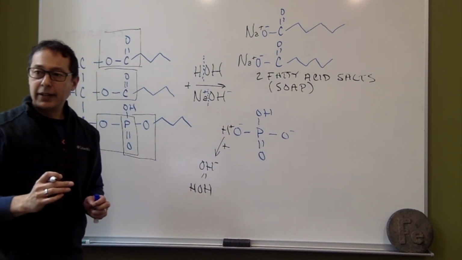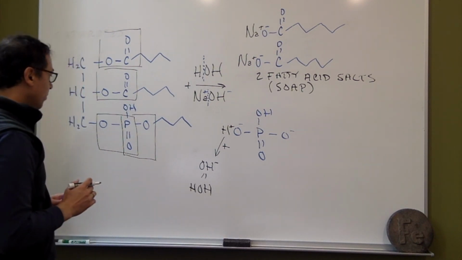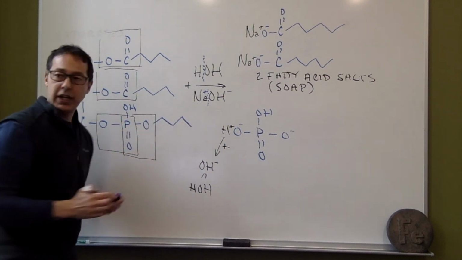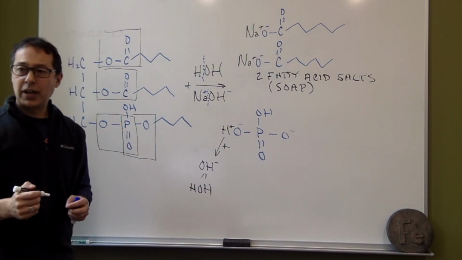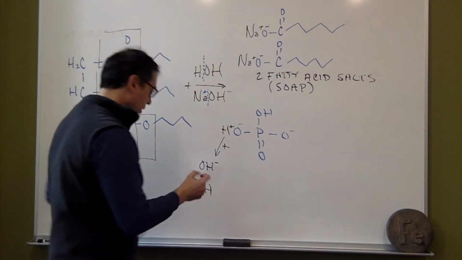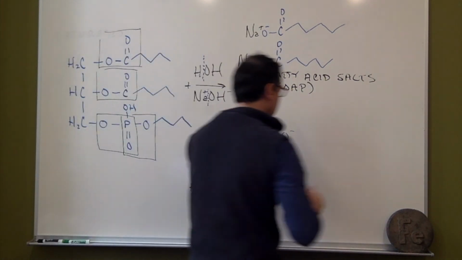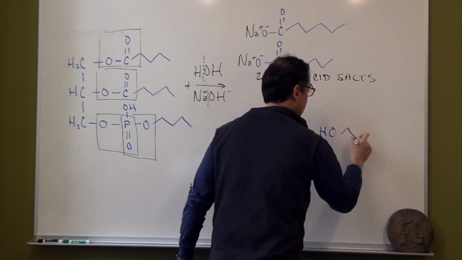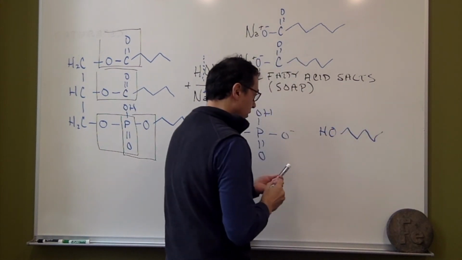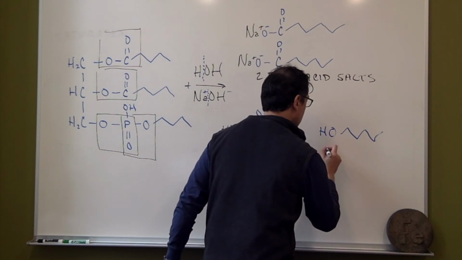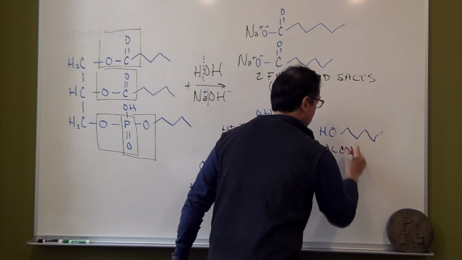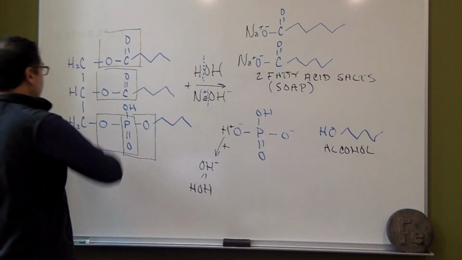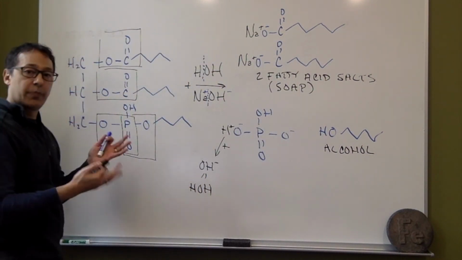Okay, and then what do we end up left with? We have this chain right here that ends up becoming an alcohol, so that would be OH and a carbon chain like that. We'll call this an alcohol. And then we also end up with our glycerol, the backbone here.